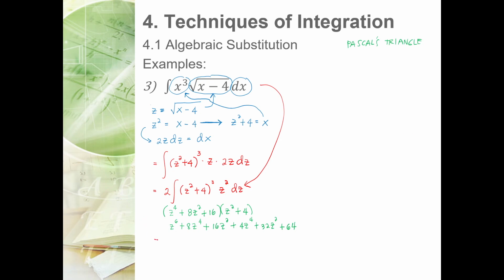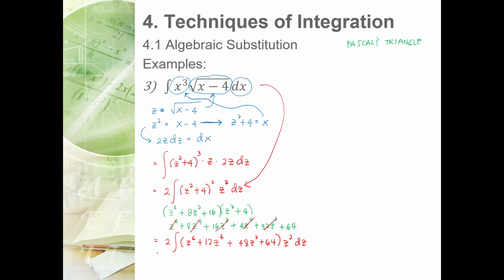All right, so in the new format, that will be integral of z to the power of 6. Then next is the lower degree, z to the power of 4, so plus 12z to the power of 4, then plus 48z squared plus 64, then z squared dz.